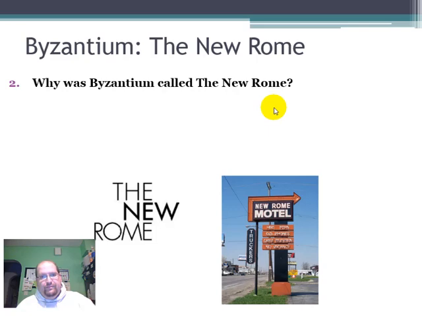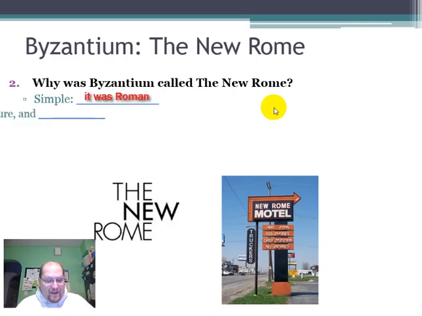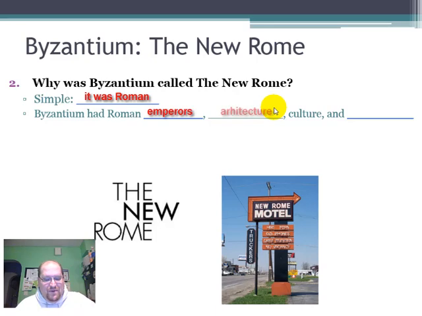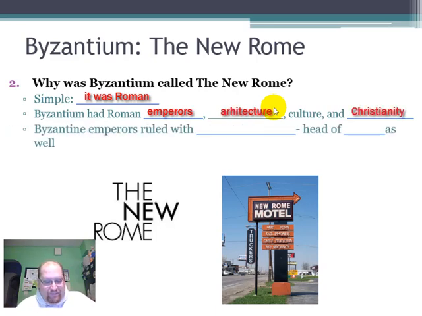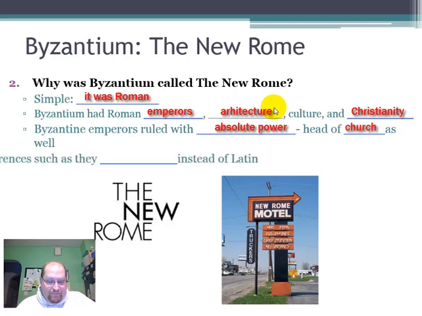So, number 2. Why was Byzantium called the New Rome? Simple. It was Roman. Byzantium had Roman emperors, architecture, culture, and Christianity. The Byzantine emperors ruled with absolute power. They were also the head of the church.